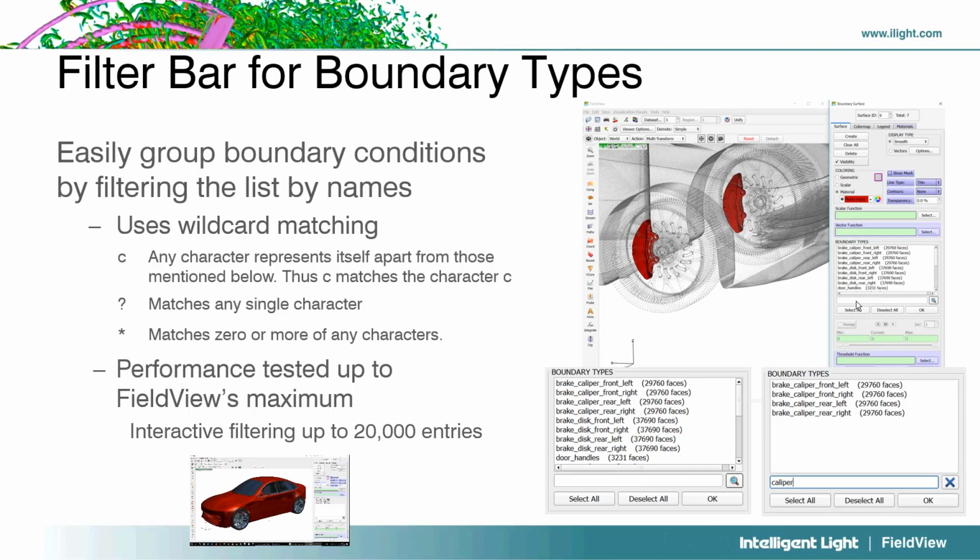FieldView has the ability to rotate, scale, translate a data set compared to the other one, so you could also put it back into position if it doesn't really match the flow field. And then from the CAD, you will have all the details you need for applying different materials.